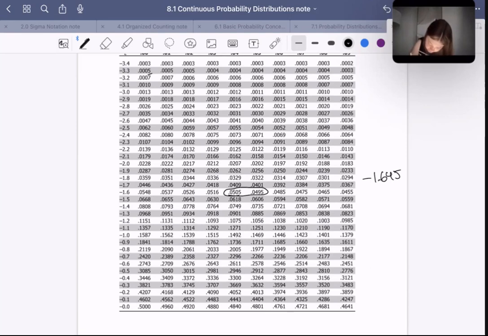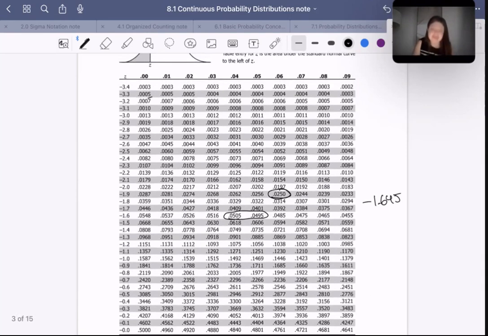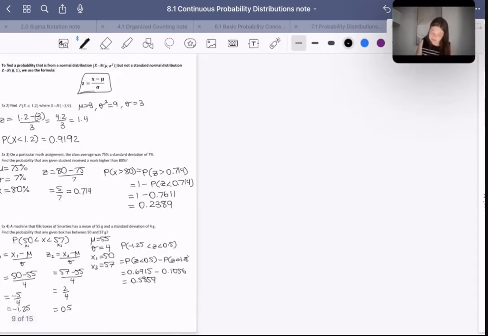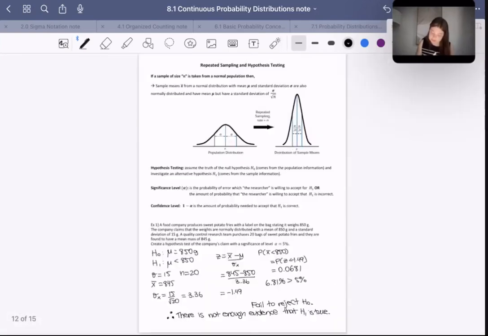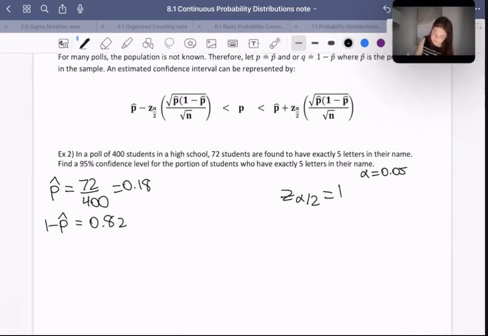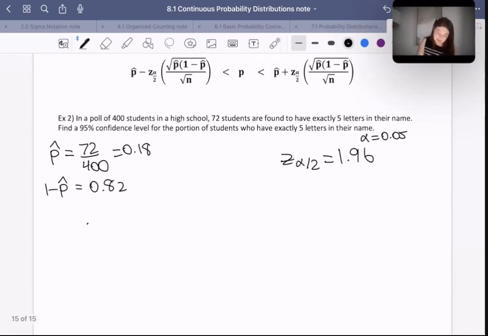Is that negative 1.96? It is indeed. Perfect. So 1.96 is going to be our answer there.